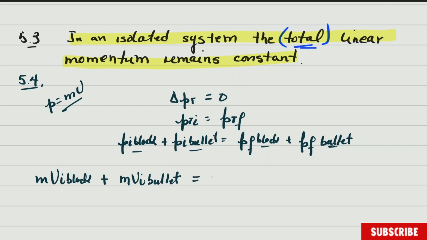It's not a problem. Mass, final velocity of the block plus mass, final velocity of the bullet. We are looking at the initial velocity of the bullet. What is the velocity that the bullet had when it struck the block?